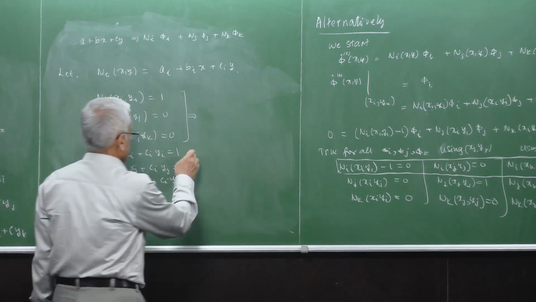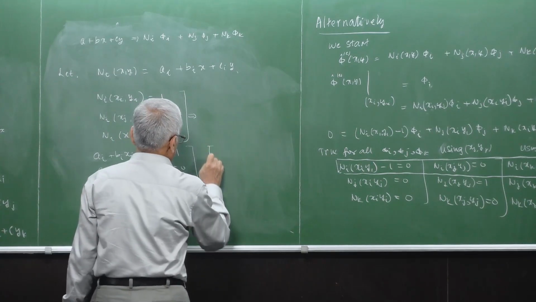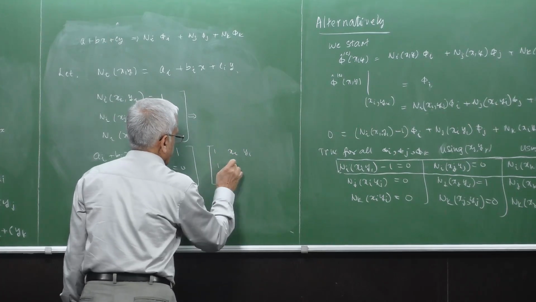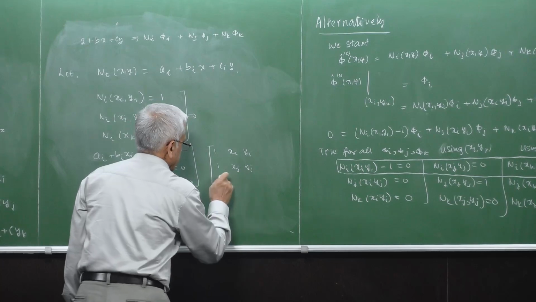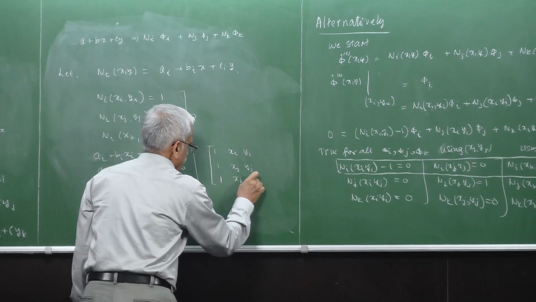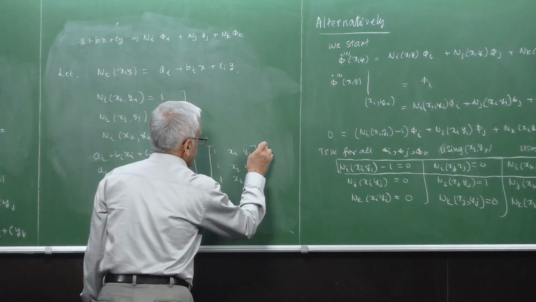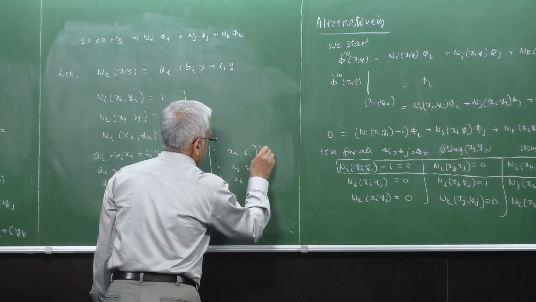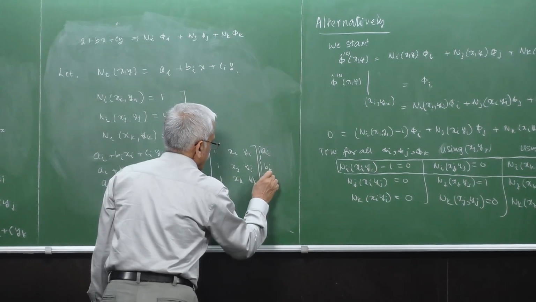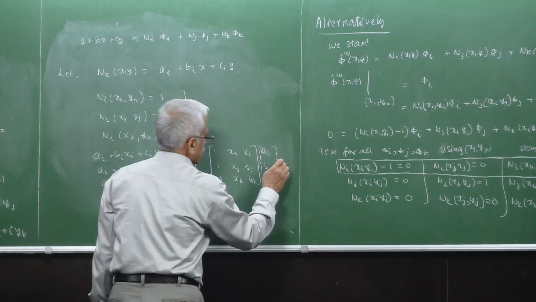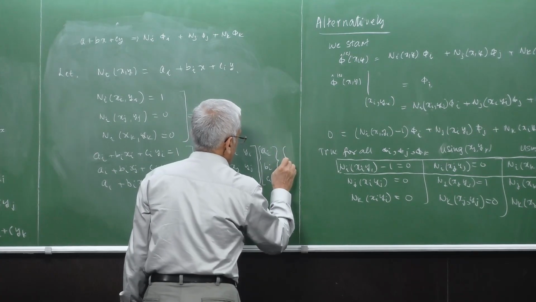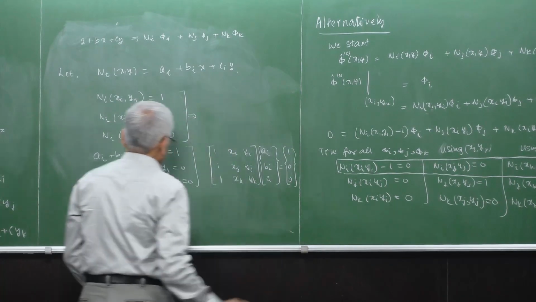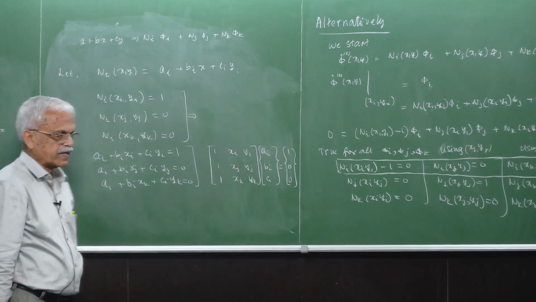So these are the three equations. We can concisely put them in matrix form: 1 xi yi, 1 xj yj, 1 xk yk, with the right-hand side 1 0 0.